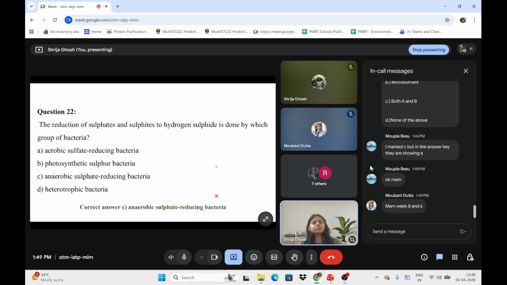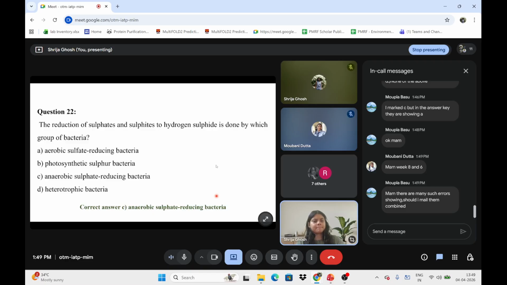Did you mail the team as I asked? Yes, you can mail them. If there are errors in the answer key, you can mail them and tell them this should be the correct answer, so they can also have a look.